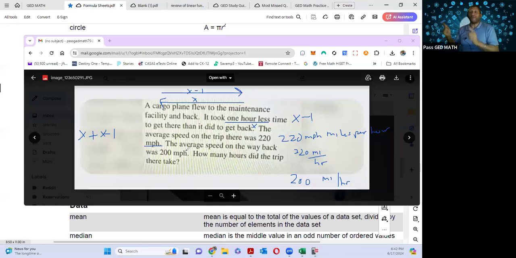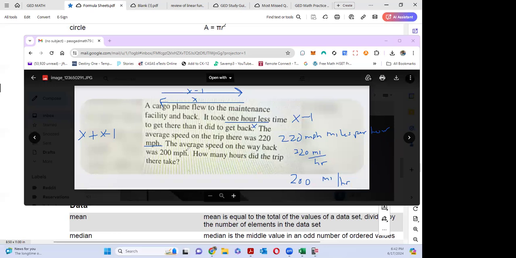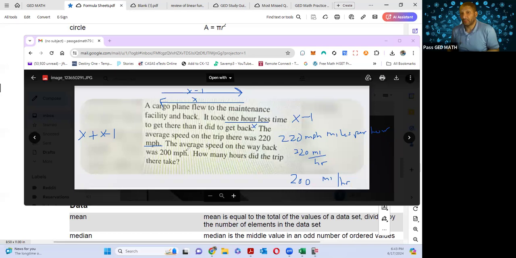Matter of fact, whoever made this question, I would probably send an email and say it's too ambiguous, right? Because you don't know. Just because it took 1 hour less time, you don't know how many miles they traveled. Can you tell how many miles this person traveled?